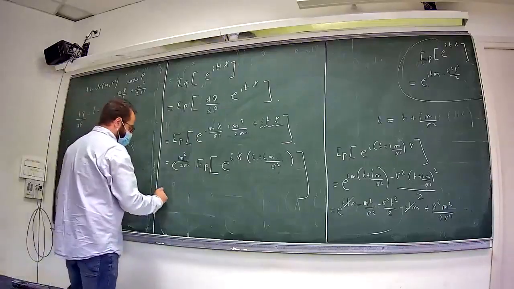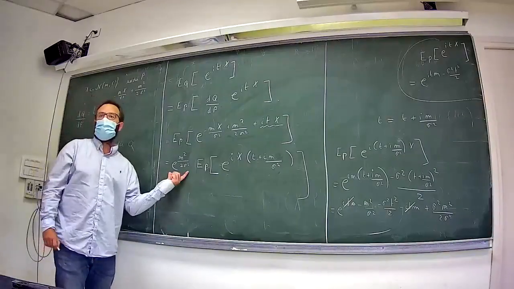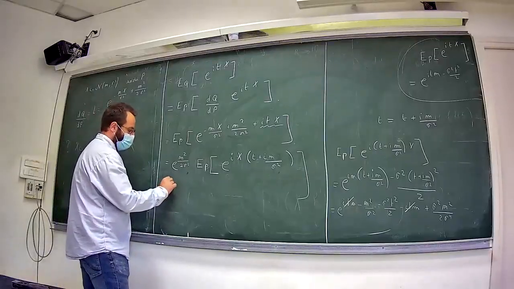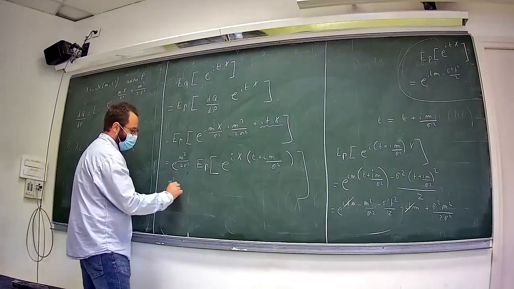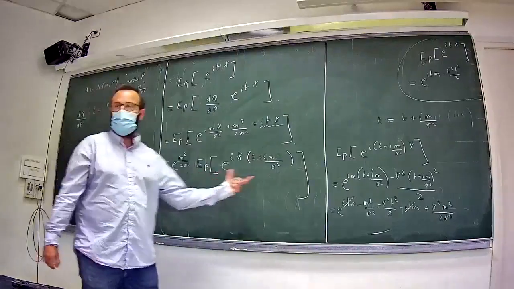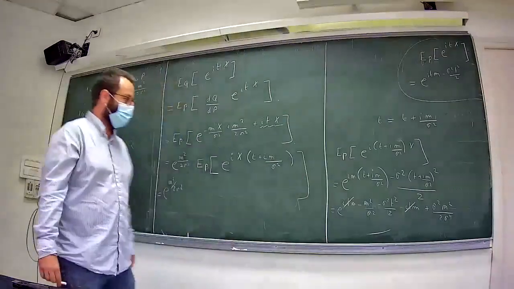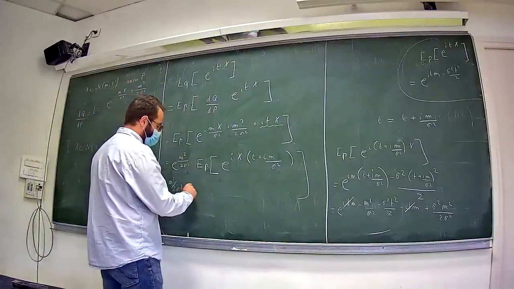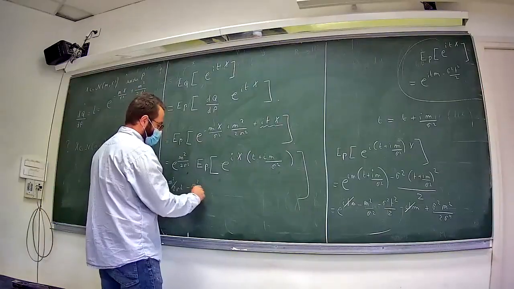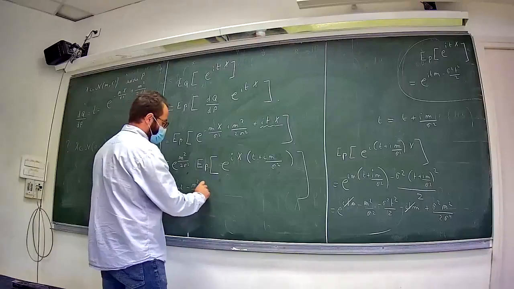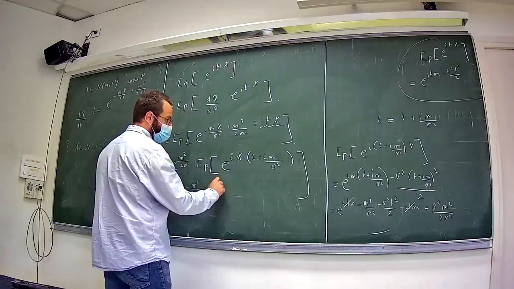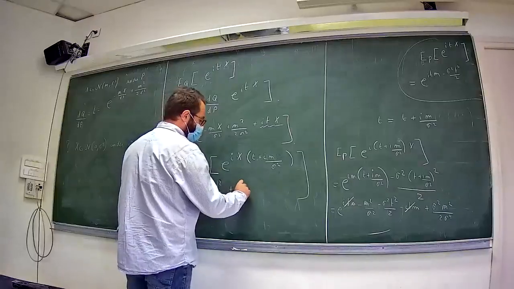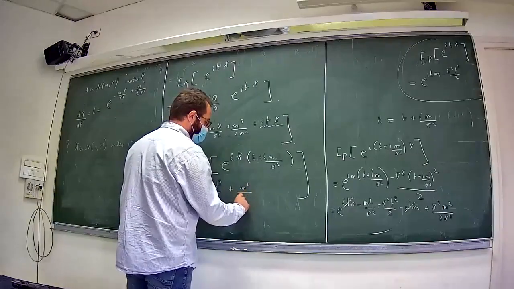And I will continue here. I have this exponential before, I don't have to forget, that is exponential m square over 2 sigma square. And the term I have computed just before. So I write everything: minus m square over sigma square, minus sigma square t square over 2, and plus m square over 2 sigma square.